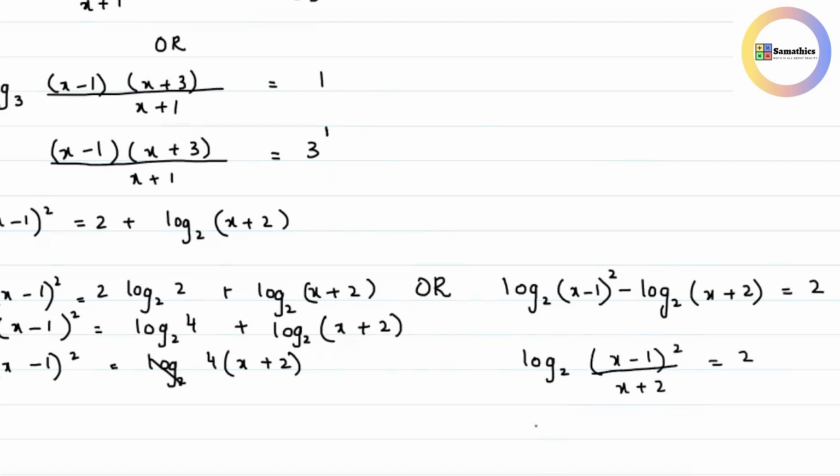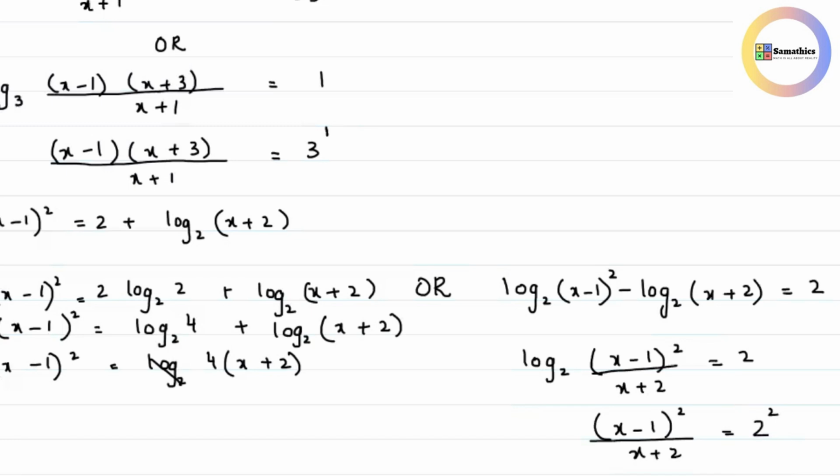Now change it into index form. When you change it into index form, what will happen? This will remain as it is here, and this will be changed to 2 square.